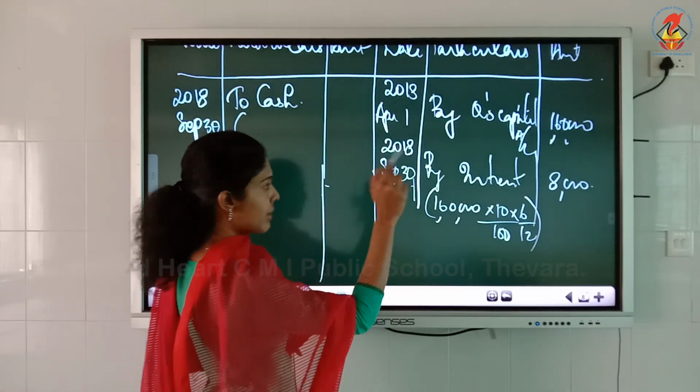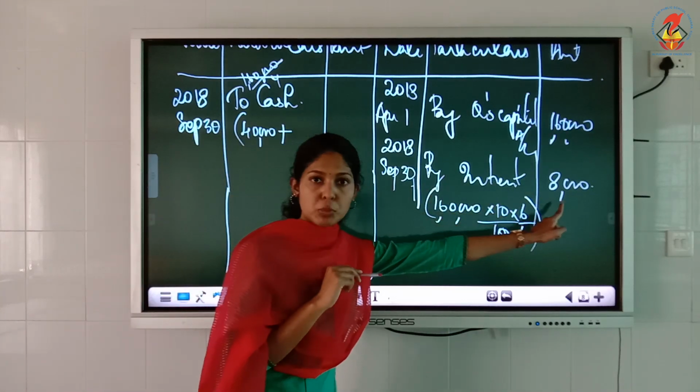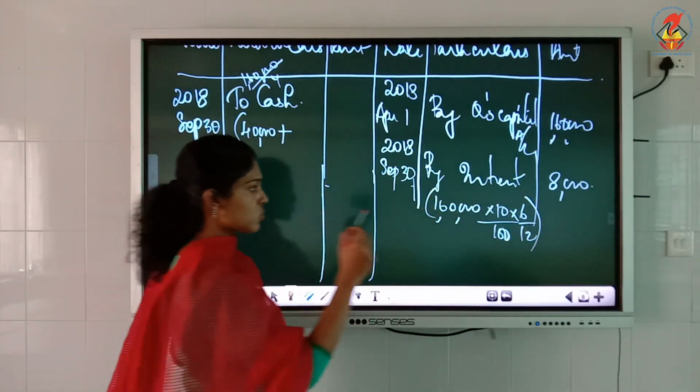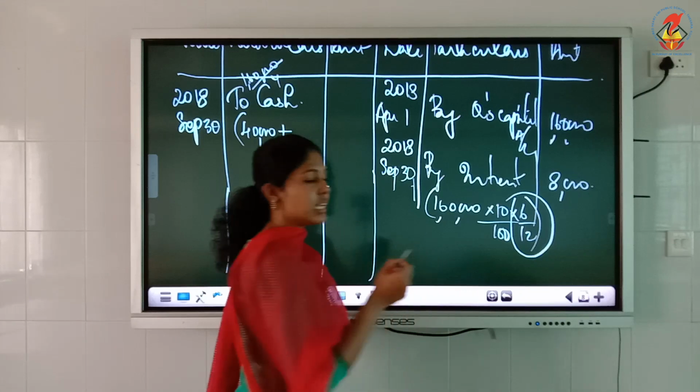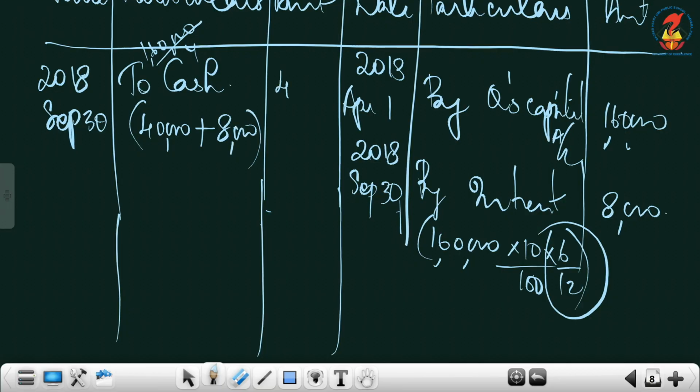Understood? So that will be 1,60,000 divided by 4. The principal amount is 40,000. Plus with that you should pay this interest also. So while you compute interest, consider the time period. So that is 8,000. So to cash will be 48,000. Okay.